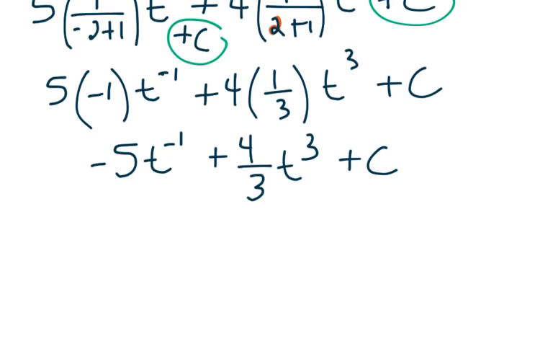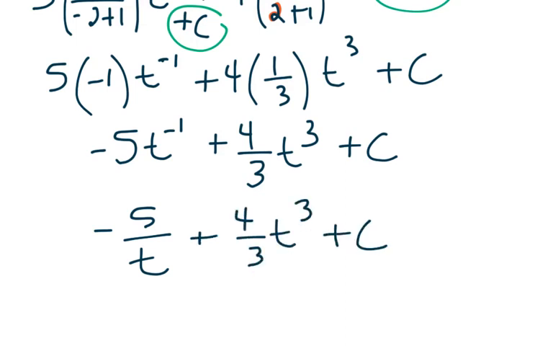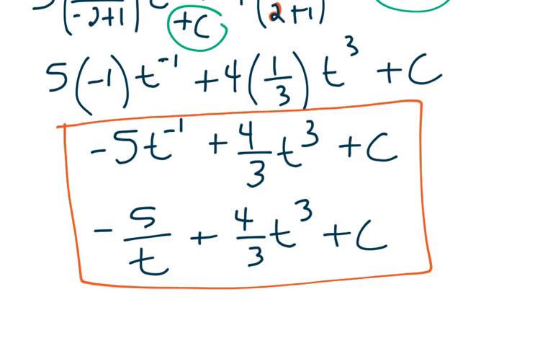Depending on what you're comfortable with, I don't like leaving negative exponents, so I tend to write it so that you don't see the negative exponent. But not all professors like that. Sometimes they want to see the negative one there. In any case, these are equivalent to each other, and that is for part A.